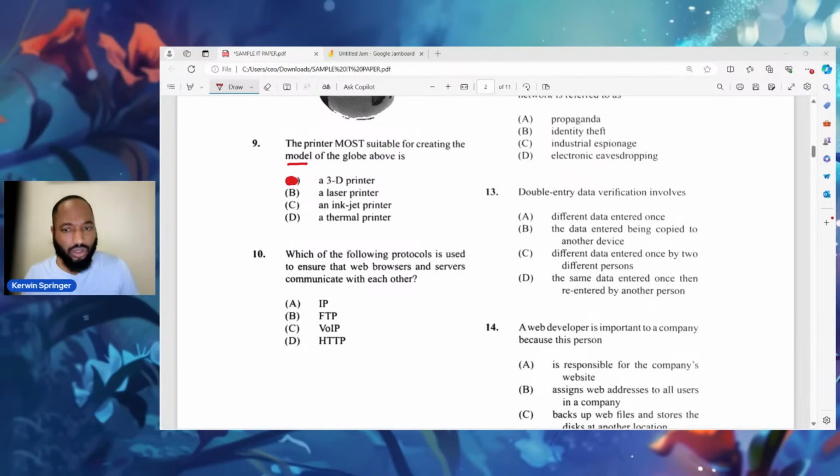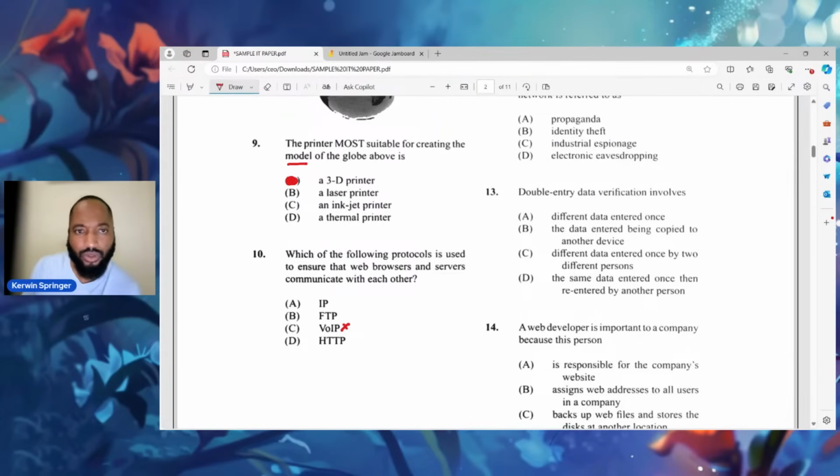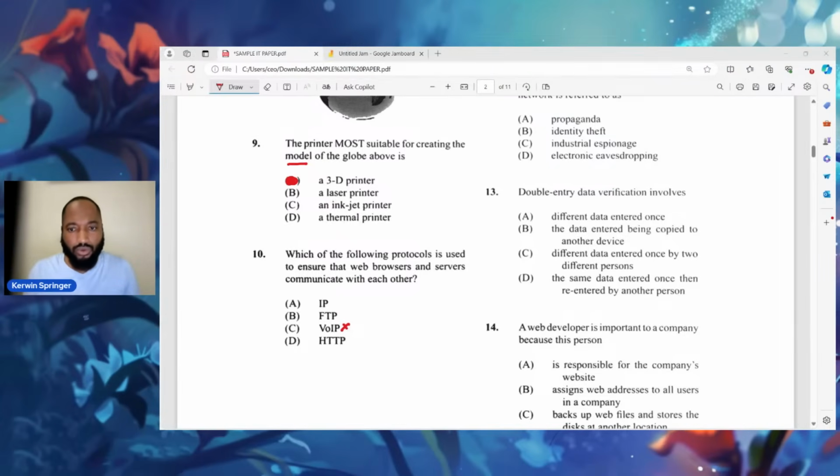And what does IP stand for? File transfer protocol is not that. This one is voice. IP is for routing.